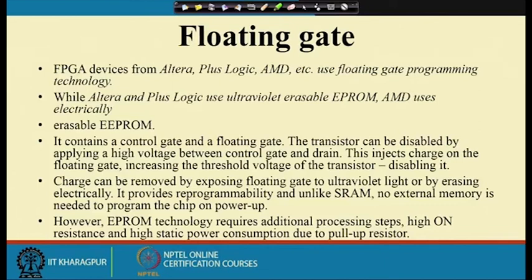As I said, it contains a control gate and a floating gate. A transistor can be disabled by applying a high voltage between the control gate and drain. This injects charge on the floating gate, increasing the threshold voltage of the transistor, and it will get disabled. If the threshold voltage of the transistor is increased, it means that to turn on the transistor you have to apply more voltage.